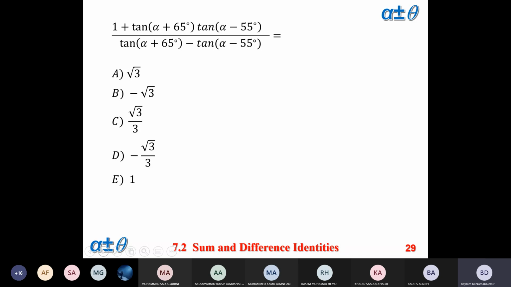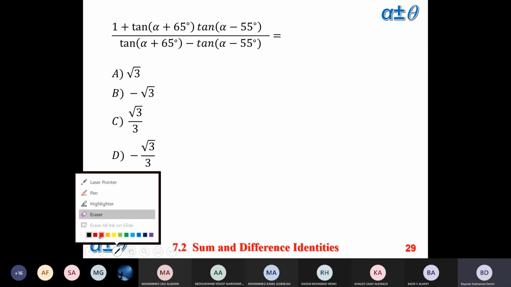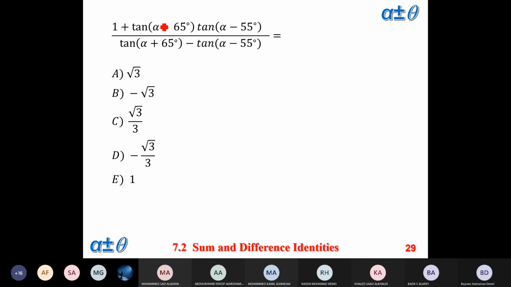Shabab, maybe to make it easy for you, imagine this is A, okay? Let me choose a different color. Imagine this alpha plus 65 is A, and alpha minus 55 is B. And write the formula again, Shabab.